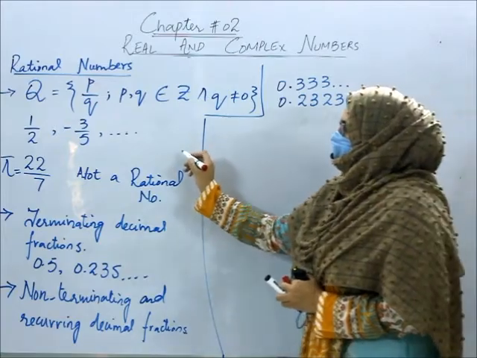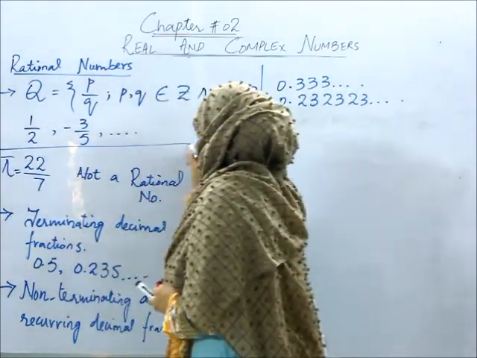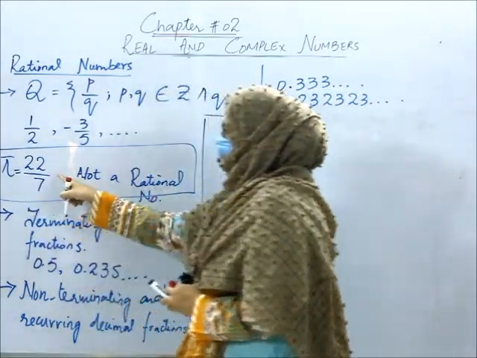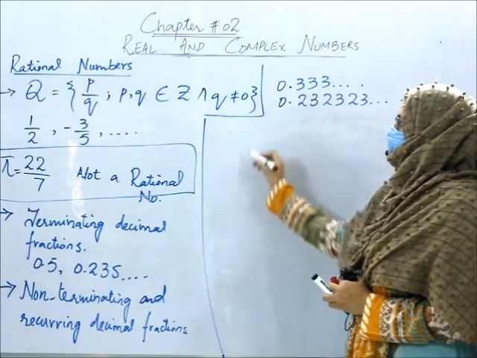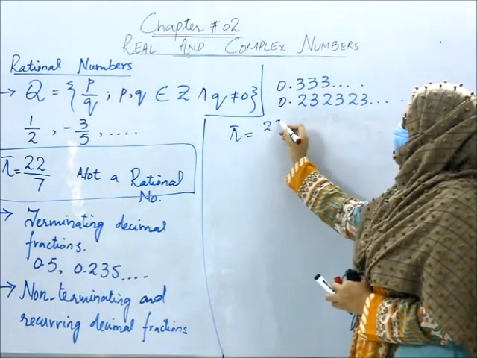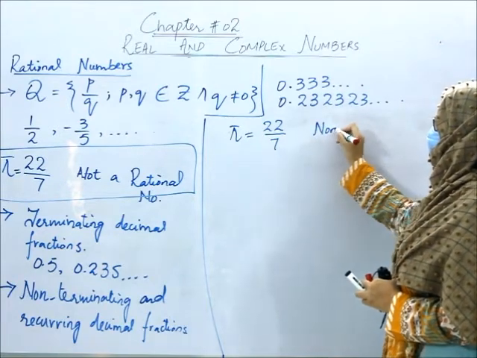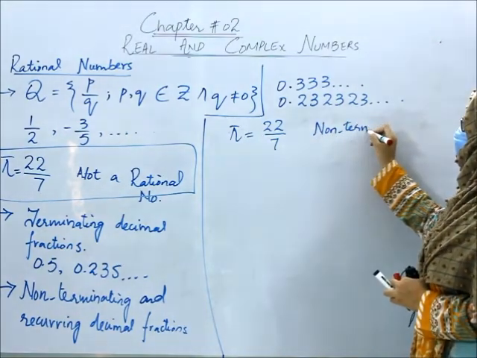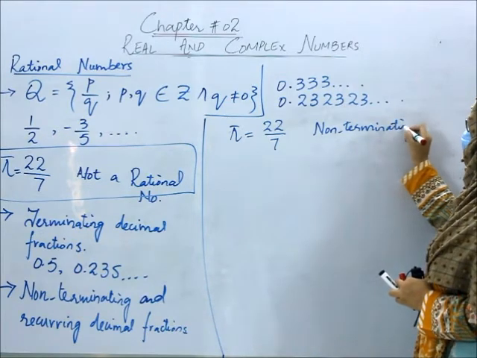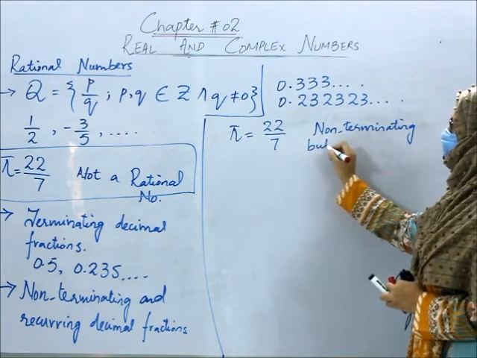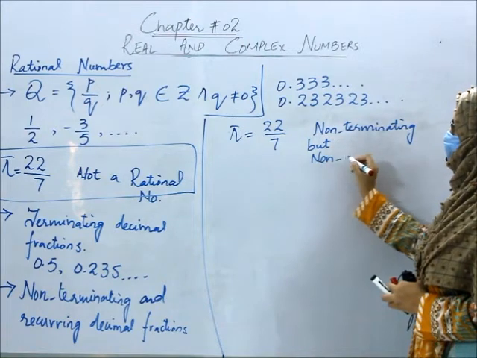Fine. So pi equal to 22 by 7 is not a rational number, because it is what? It is non-terminating but non-recurring as well.